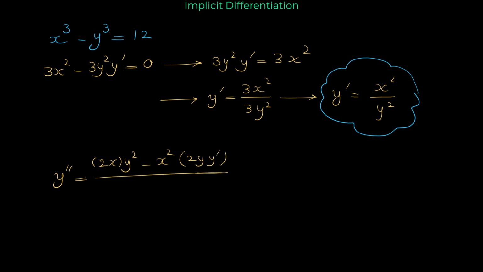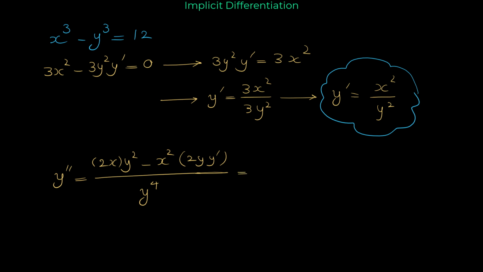When we take the derivative of y, we have to multiply it by y prime because y is a function of x. y is not a simple variable. y is the dependent variable. So we have to multiply by the derivative of y, which is y prime, all over denominator to the 2, which is y to the 4. y to the 2 to the 2 is y to the 4.